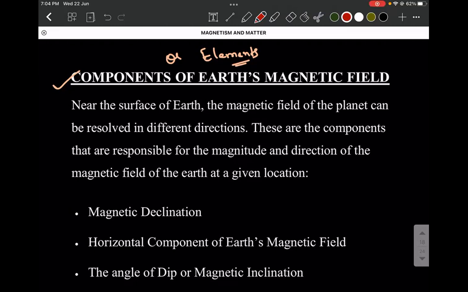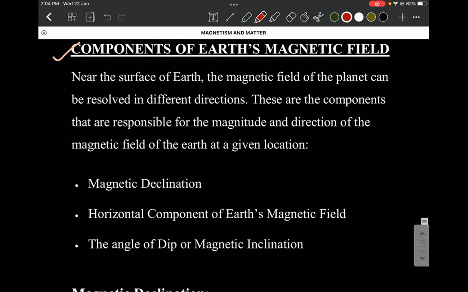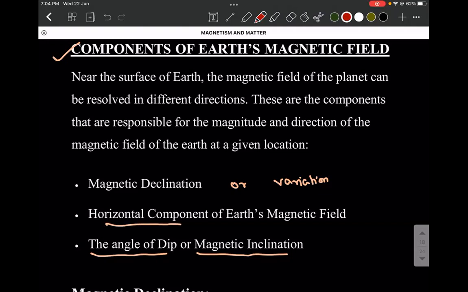Whenever you want to do any kind of calculation and reach a particular location, there are three important parameters you need to know. One is magnetic declination, or magnetic variation. The next is the angle of dip, or magnetic inclination. And the third is the horizontal component of Earth's magnetic field.